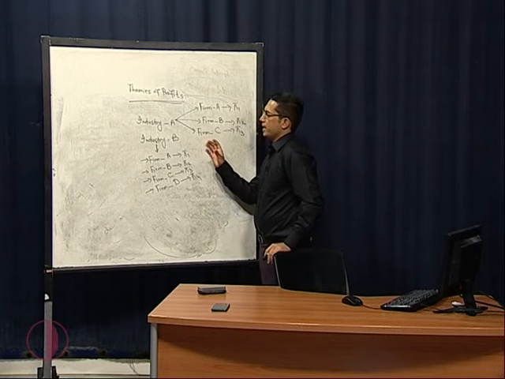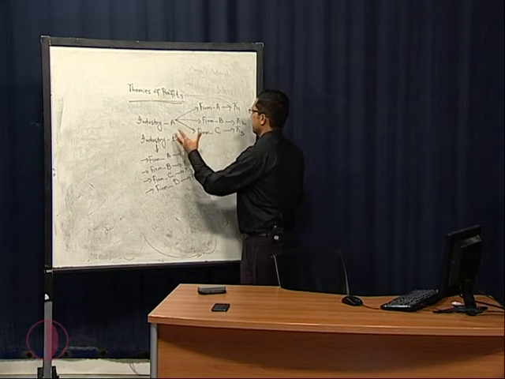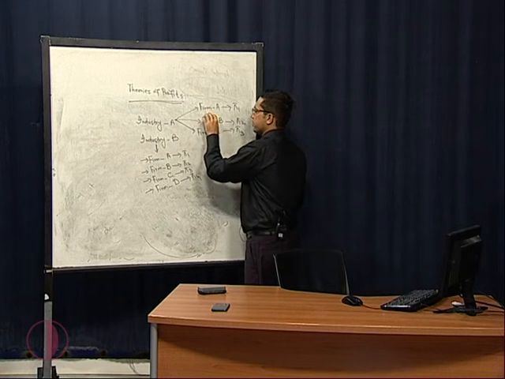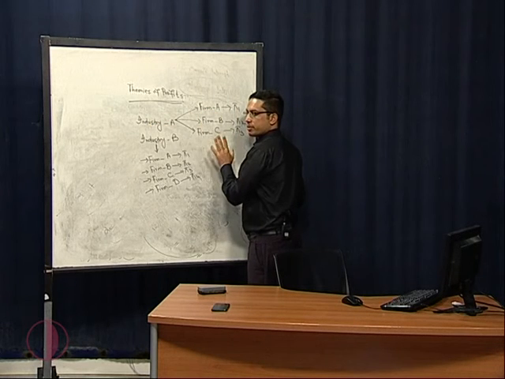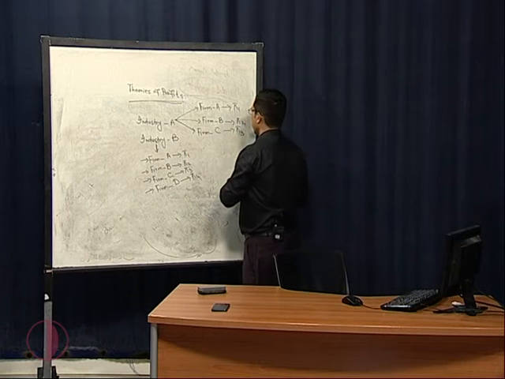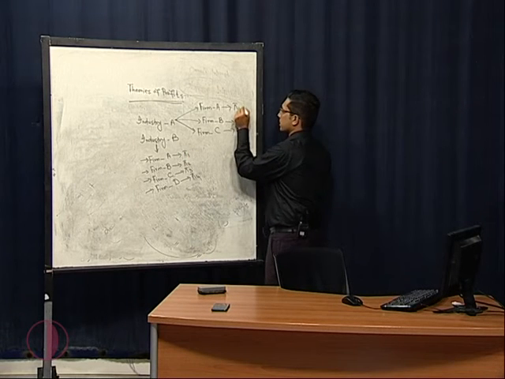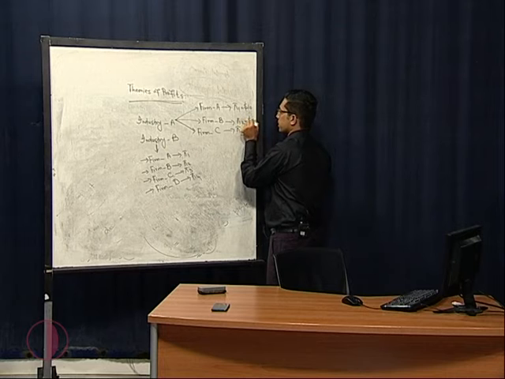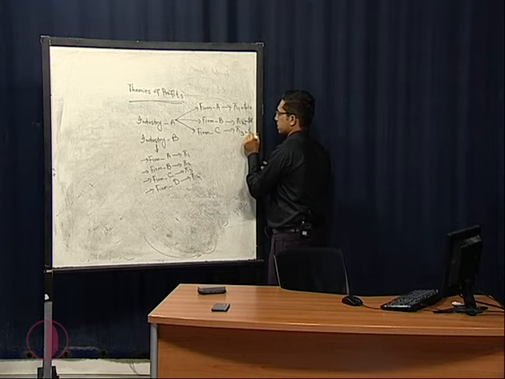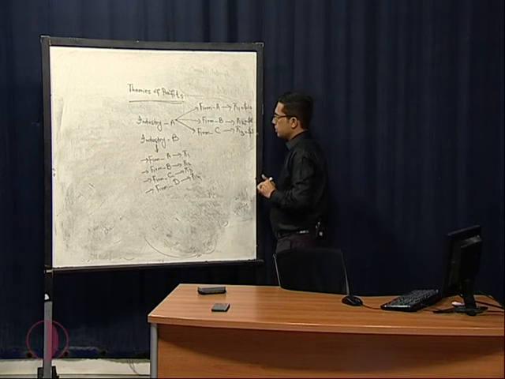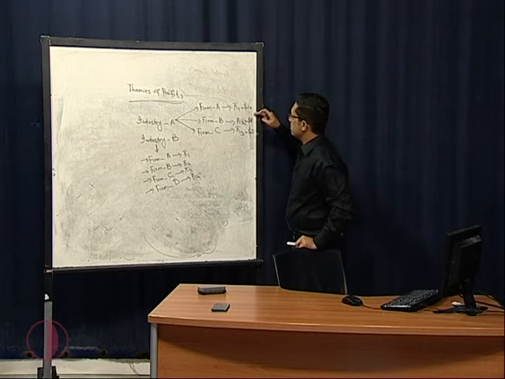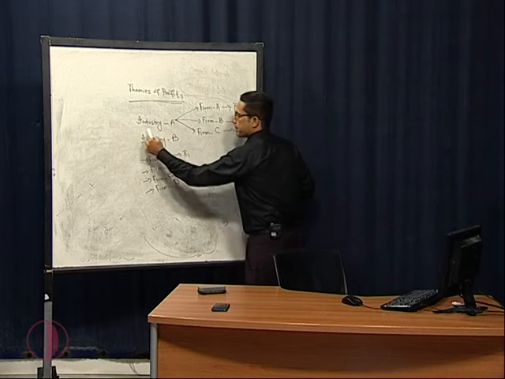The basic question is why the profit levels among different firms in the same industry differ from each other. Like, for example, this profit is $10, $8, $5.